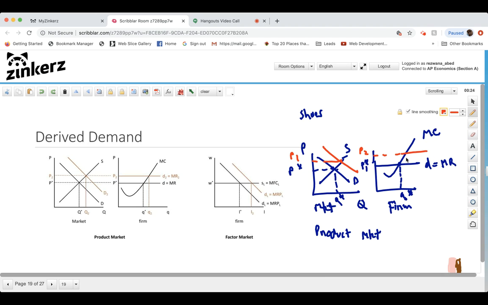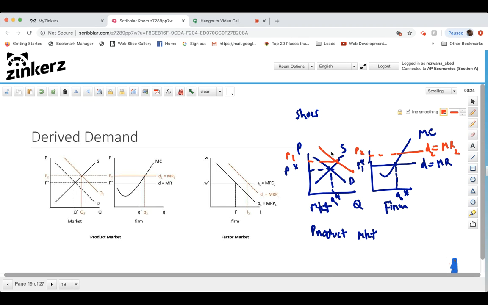When the price of shoes has increased because of the increase in demand, the demand curve facing the individual firms has also increased, and we have a new marginal revenue as well. The marginal revenue has increased because the price, which was at P star before, is now at P2.